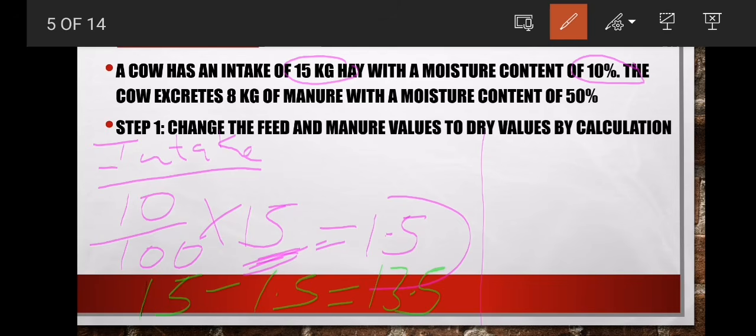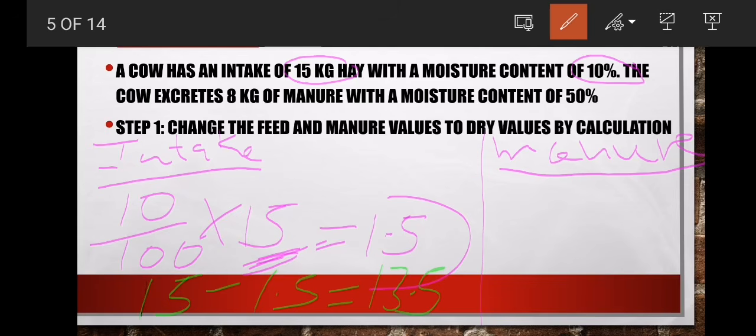Let's now look at the moisture. I hope my space will be enough here. Let's look at the manure, which is the outtake. It will be simple. Button manure. Remember they said dry mass manure. What are they saying in this statement? The cow excretes 8 kg of manure with a moisture content of 50%.